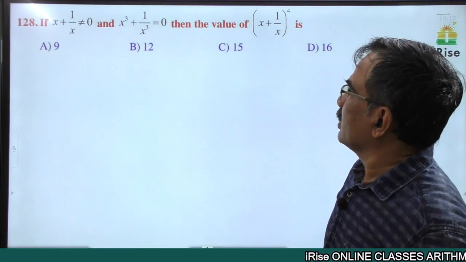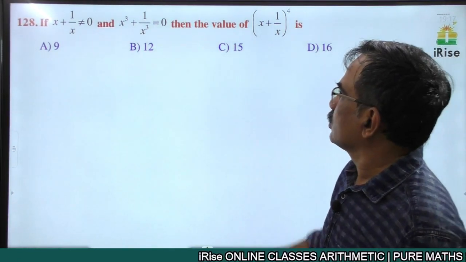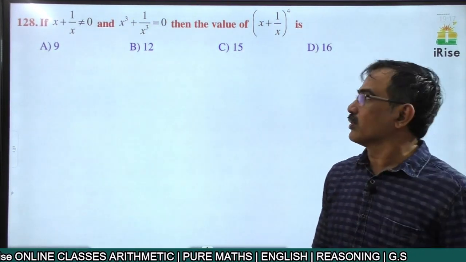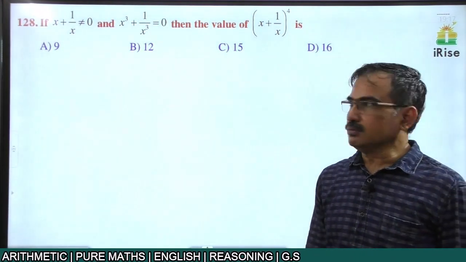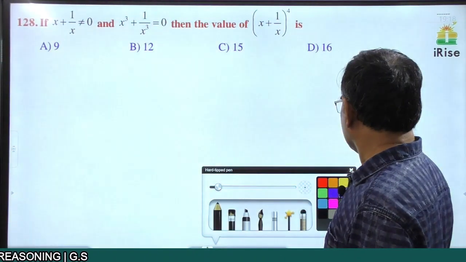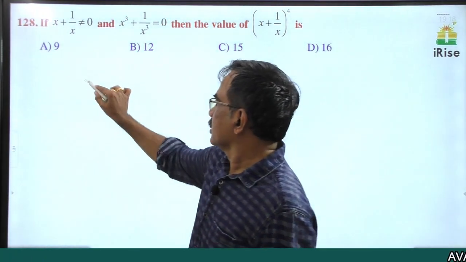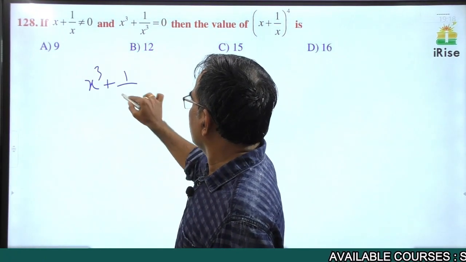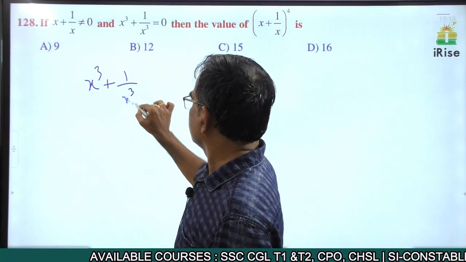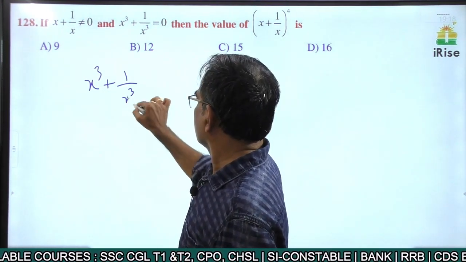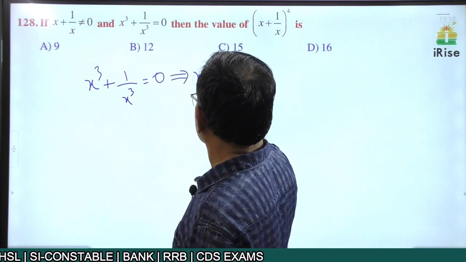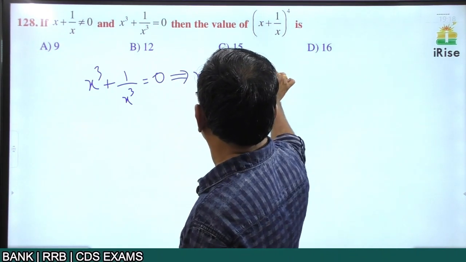Here, x plus 1 by x not equal to 0, x cube plus 1 by x cube is 0, then x plus 1 by x is equal to 4. Here, a very important thing in this question is x cube plus 1 by x cube is equal to 0 if and only if x plus 1 by x is equal to plus or minus root 3.